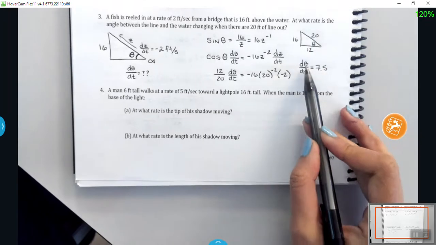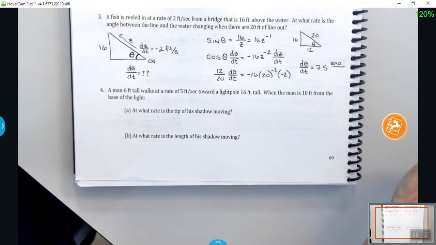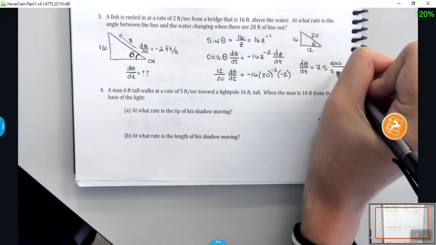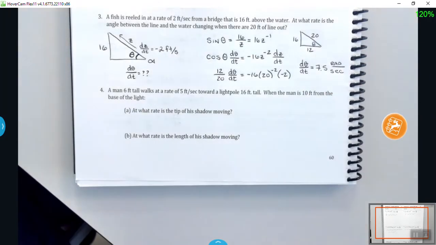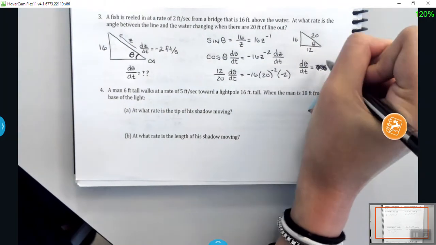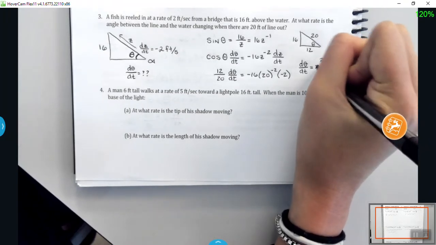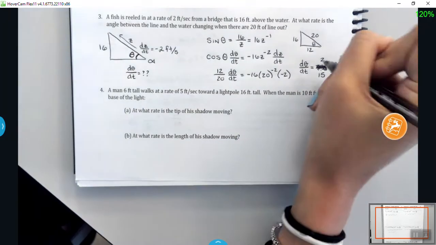And theta is in radians, so the units are radians per second. Oh yeah, that's right, I did it the wrong way. What'd you get? 2 over 15.